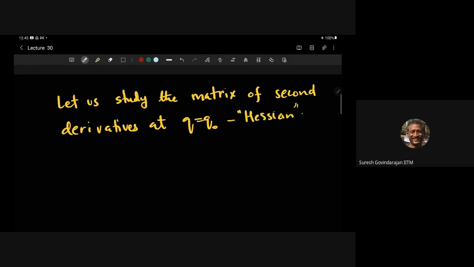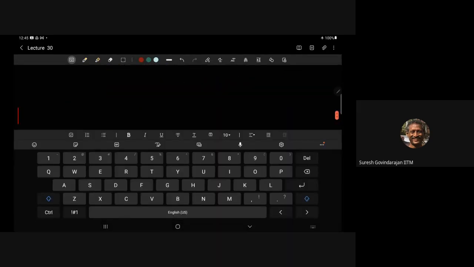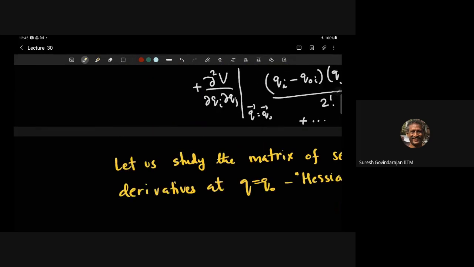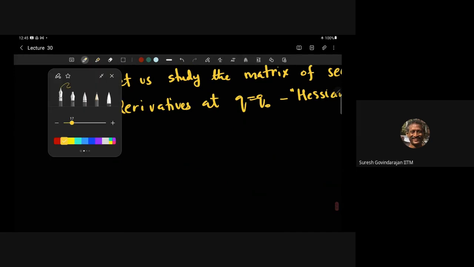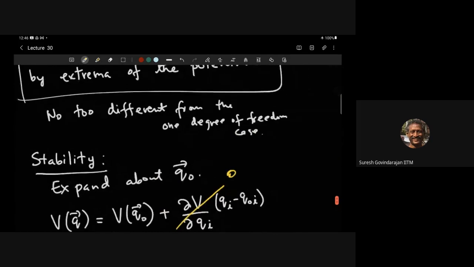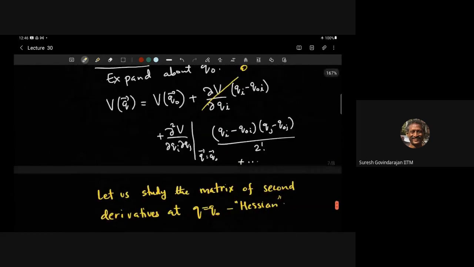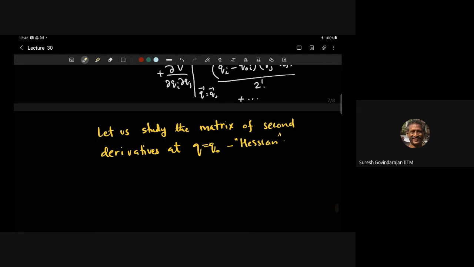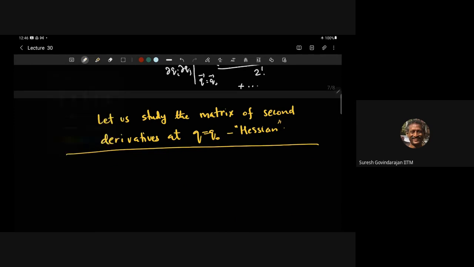This is an n by n matrix, and it's symmetric. Okay, let's again define this n by n matrix V, which is defined to be the matrix of second derivatives, evaluated at q naught.